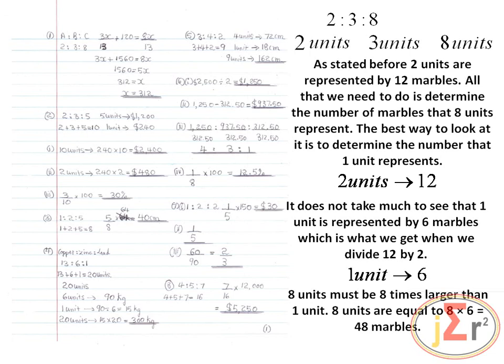Therefore, in order to determine the number of marbles represented by 8 units, we need to take the number of marbles represented by 1 unit, which is 6, and multiply that number by 8. So 8 units will be 6 times 8, and that will be represented by 48 marbles.